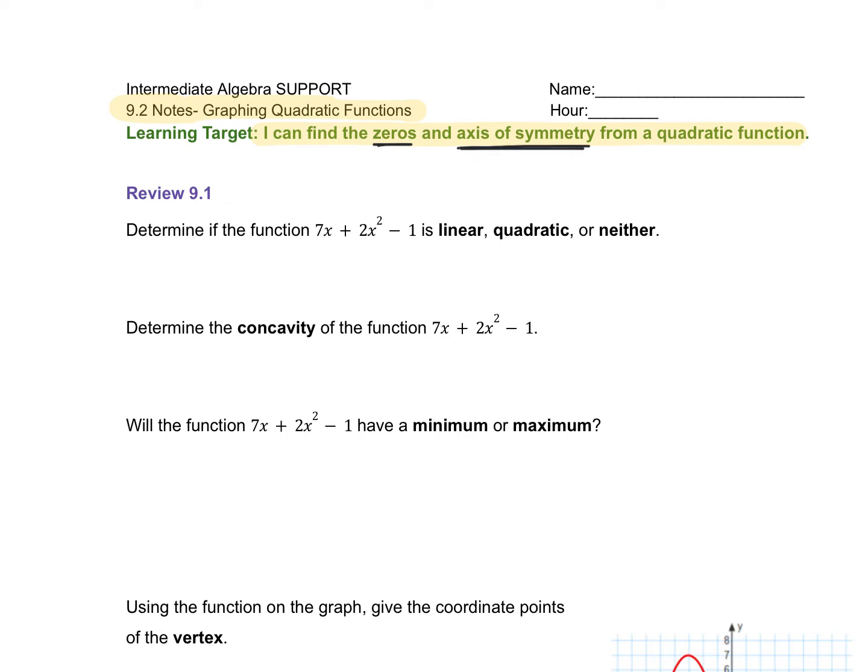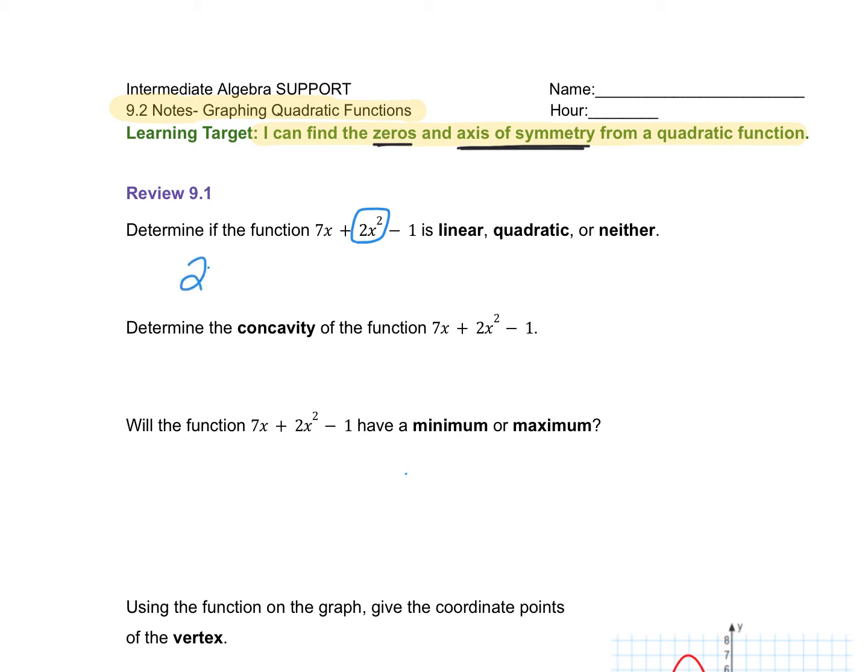So the first page we have is just a 9.1 review because we did cover a lot yesterday. First we're going to determine if the function 7x plus 2x to the second minus 1 is linear, quadratic, or neither. Well, the first thing you need to do is make sure it's in standard form. I see that it is not, so my highest term needs to go first.